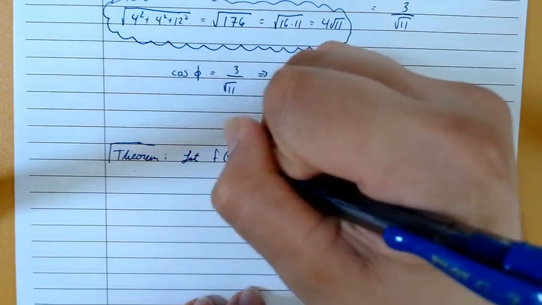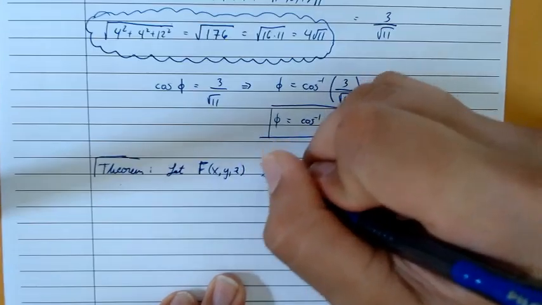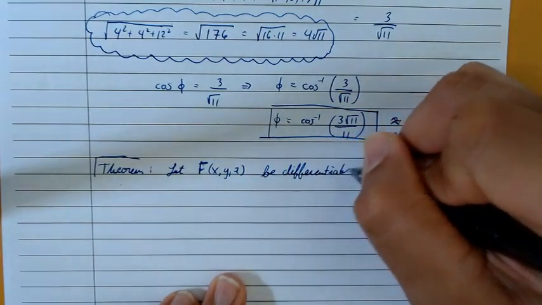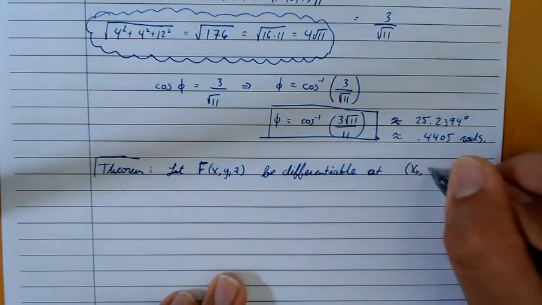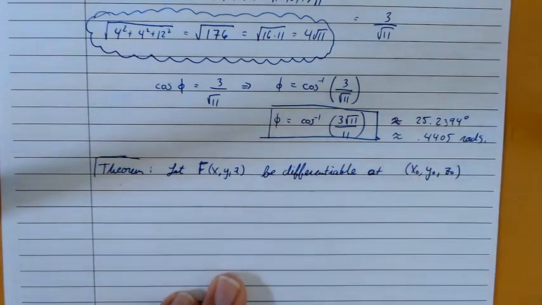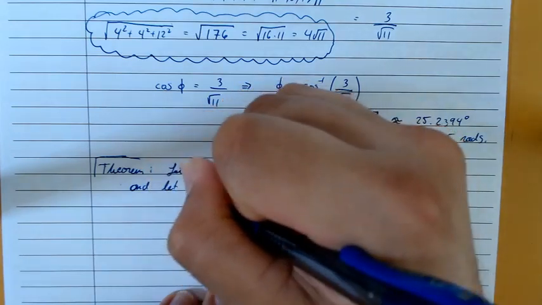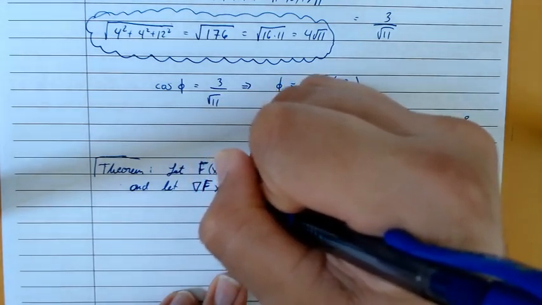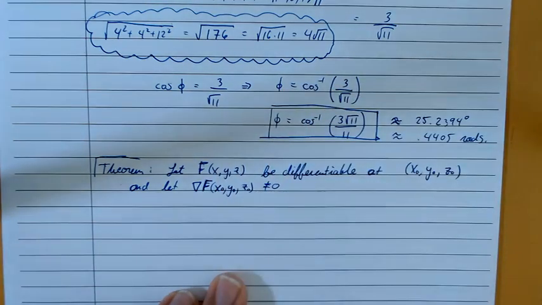Let f of x, y, z be differentiable at some point x naught, y naught, z naught, and let the gradient of f at x naught, y naught, z naught be non-zero. Anything other than 0. Oh, that should be a 0 vector. Here we go.